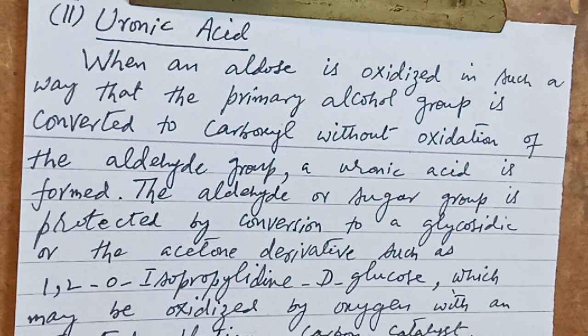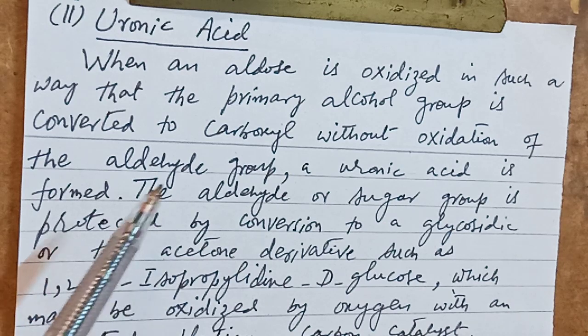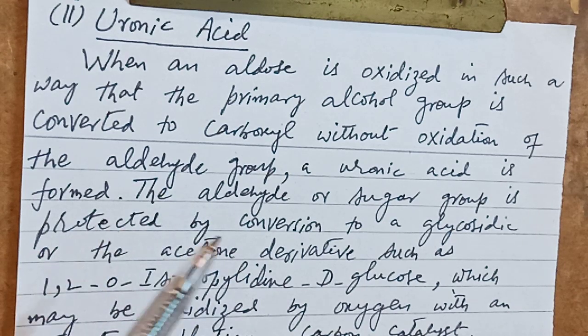It means that the important point here is that in the first step of the reaction we have to save the aldehyde group, the reducing property of the glucose structure. So what we will do is protect the aldehyde sugar group by conversion to a glycosidic or acetone derivative such as 1,2-O-isopropylidene glucose.